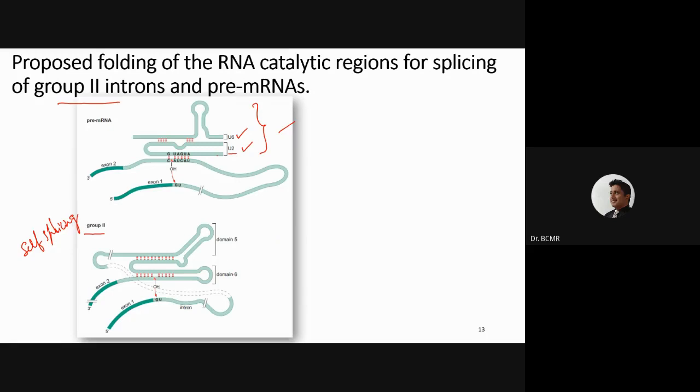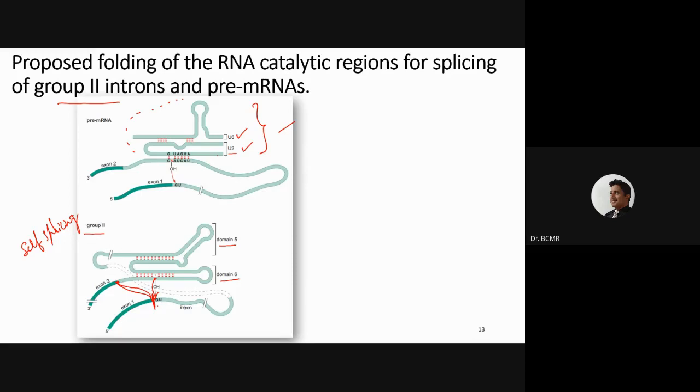So within the intron, there are domain 6 and domain 5, which fold a little bit similar to the U2, U6 regions. And then they interact, and the branch point will make an attack and bind here. So there'll be a nucleophilic attack, and the cut is made here, and a transesterification will happen between these two.